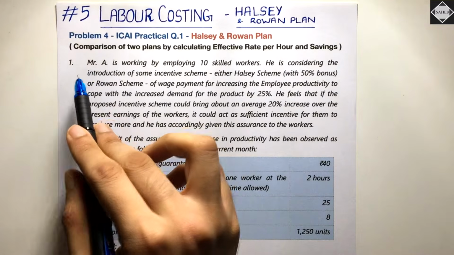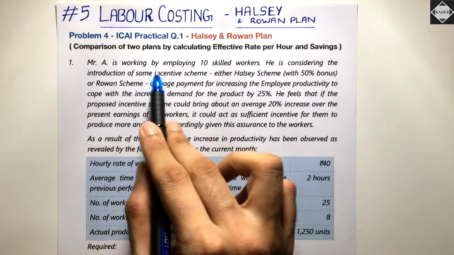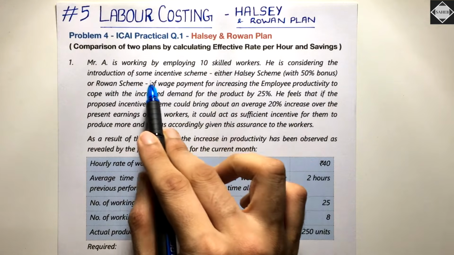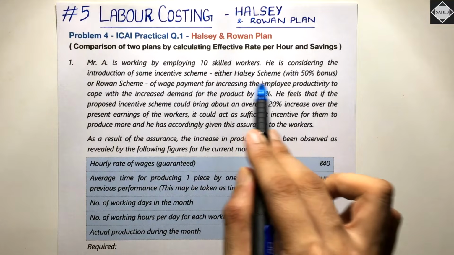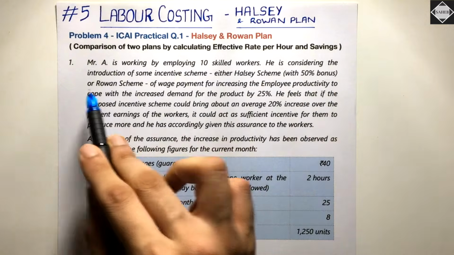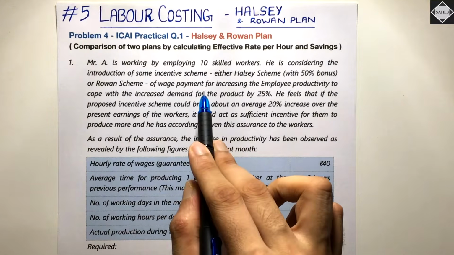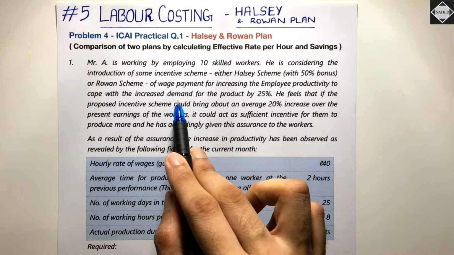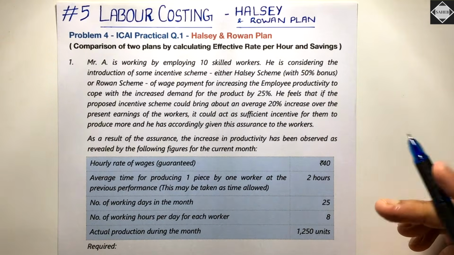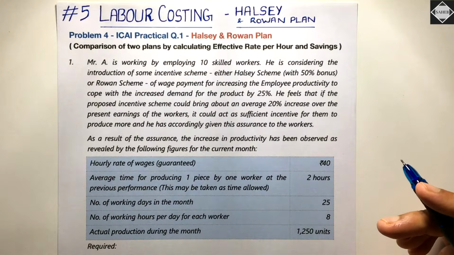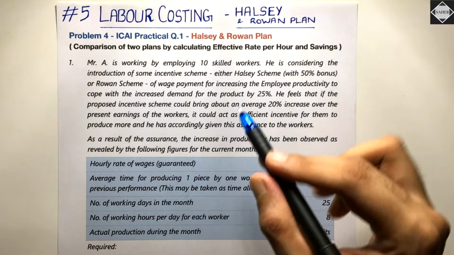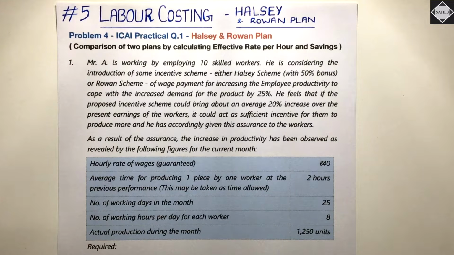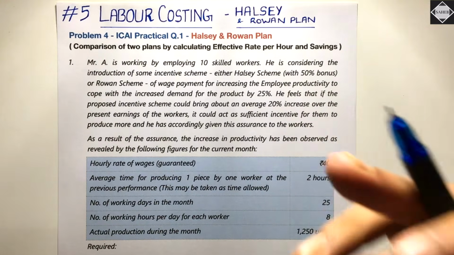Let's read this question. Mr. A is working by employing 10 skilled workers. He is considering the introduction of some incentive scheme, either the Halsey scheme with 50% bonus or the Rowan scheme of wage payment, for increasing employee productivity to cope with the increased demand for the product by 25%. So till here we know that Mr. A has 10 skilled workers in the factory, and he is considering adopting an incentive scheme.